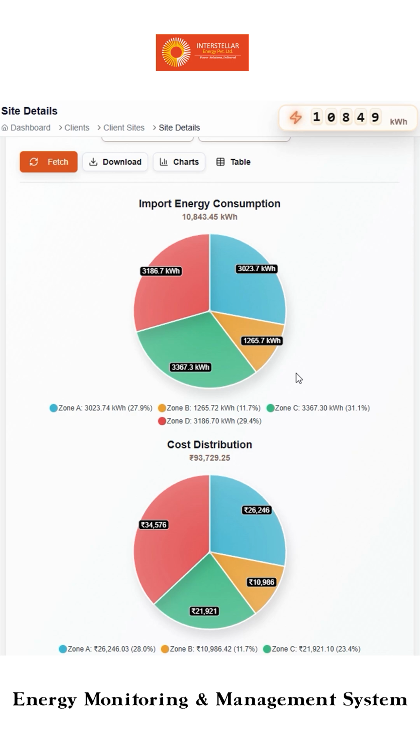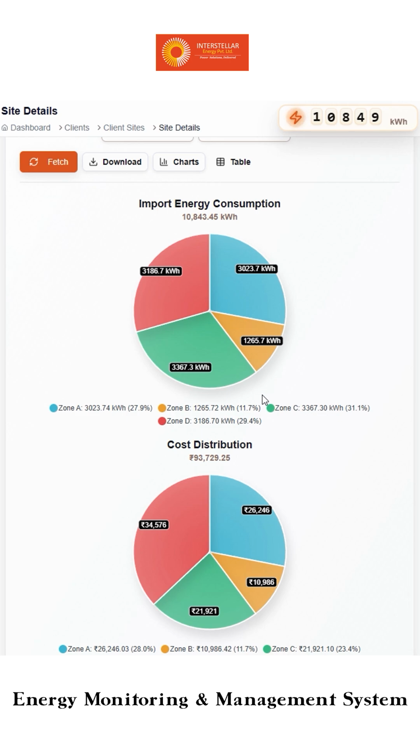Because of this discounted power, if we divide the data accordingly, it shows how much power we have consumed in each of the 4 zones during the current month. It also displays how much power was consumed in each individual zone.